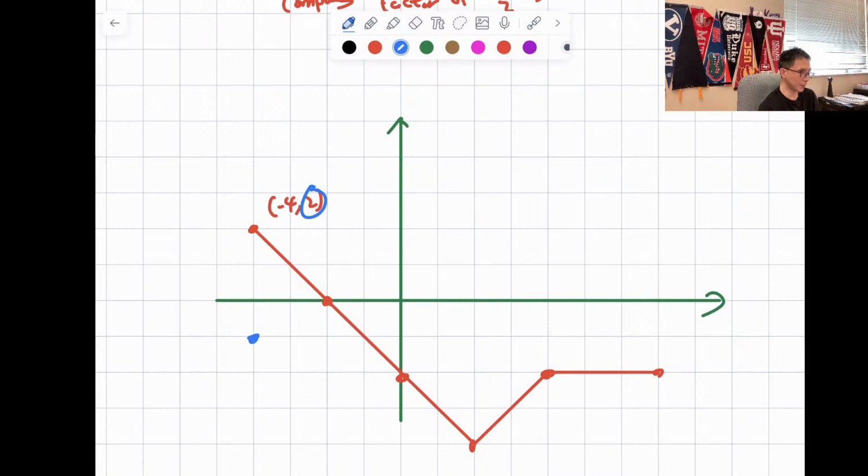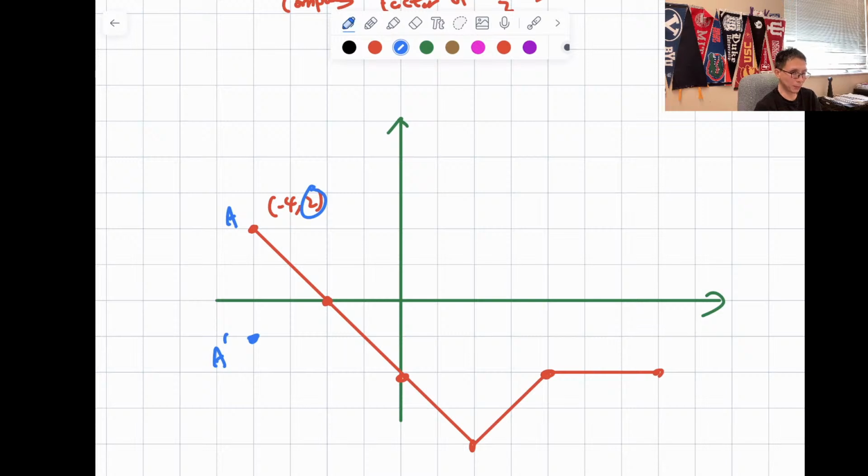So this is gonna be A prime. Does that make sense? Do you see that? A lot of people take the x value. No, you take the output, because f of x is the y value.